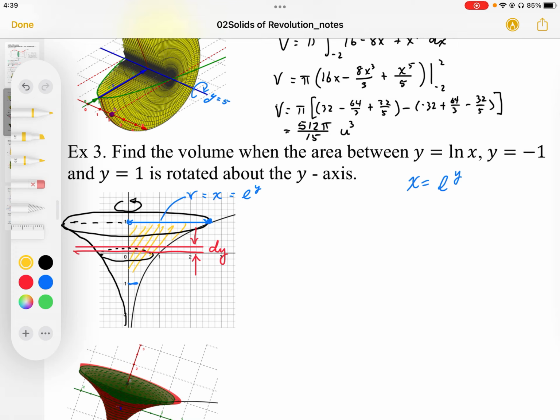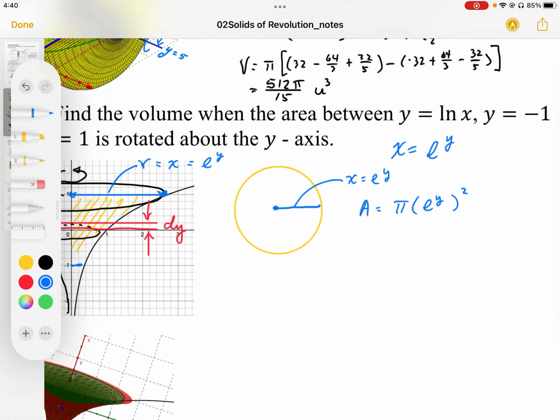So now I can set up my circular area. If you can imagine the circle here, the area of that circle is going to be based on a radius of x, which is going to be expressed with e to the y. And so the area works out to be area equals pi r squared. And the r is e to the y.